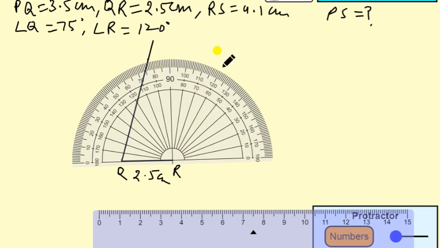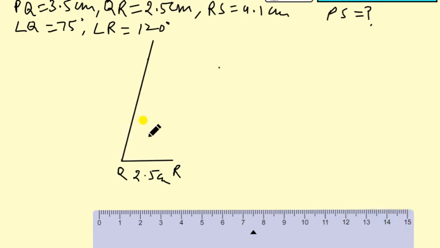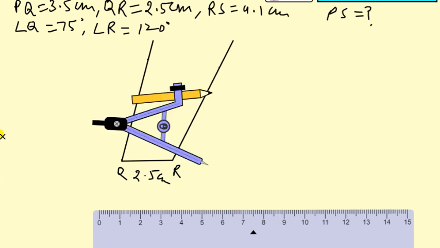You can make an angle of 120 degrees. How do you make 120 degrees? You can put one point here. Now remove your protractor and draw the line with the help of the scale. Now you can draw like this. Yes.